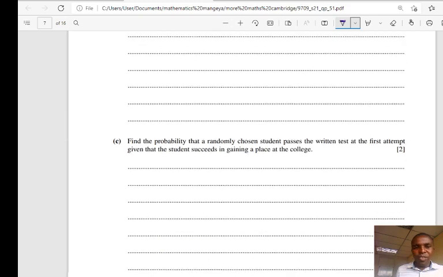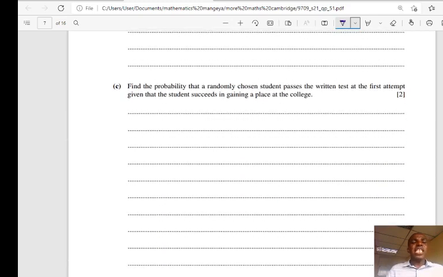Next question. Find part C. Find the probability that a randomly chosen student passes the written test at the first attempt, given that the student succeeded in gaining a place at the college. So we are being asked to find the probability that he passed the written test at the first attempt, given that he succeeded in gaining the place.